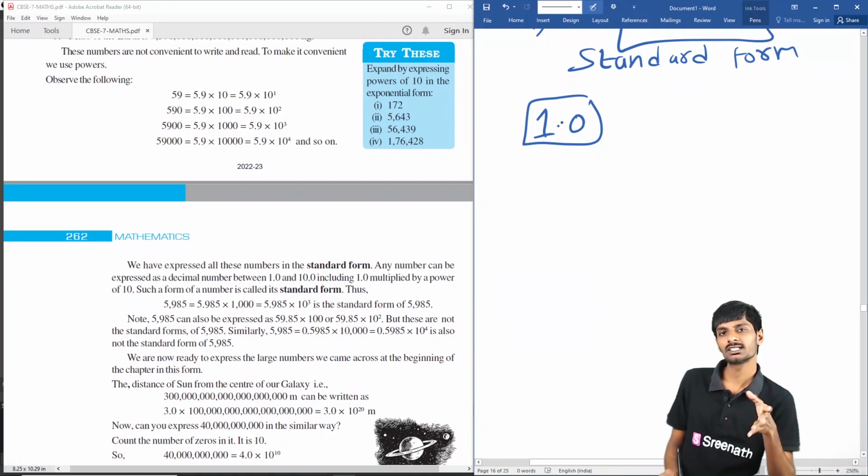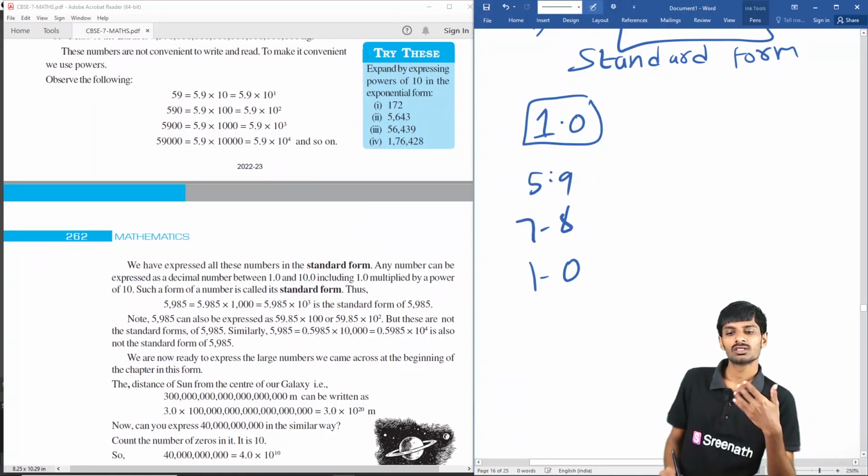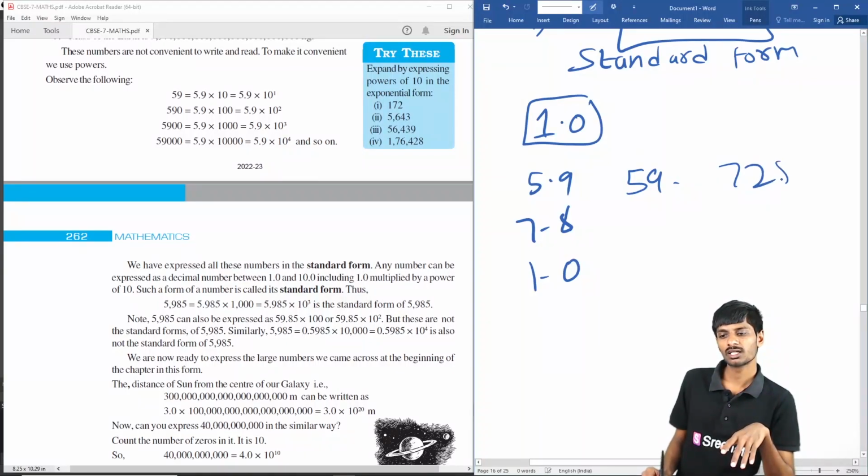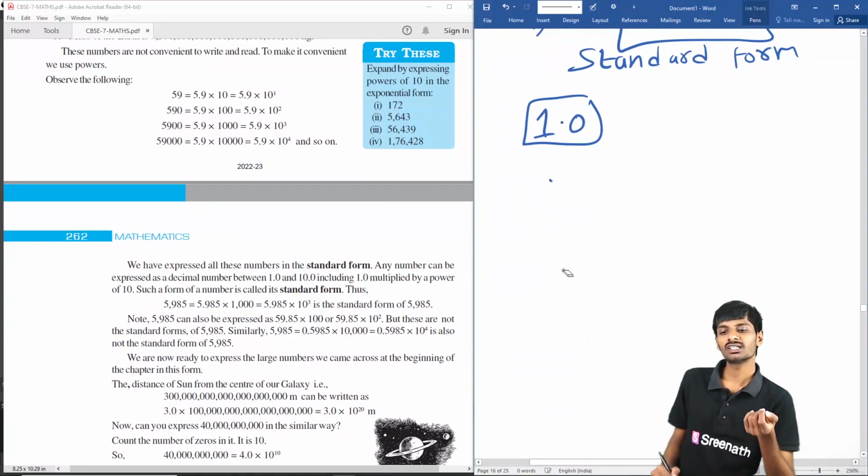After one digit, there must be a decimal, like 5.9 or 7.8 or 1.0. There is one digit, then the decimal. So not like 59.0, not 728.0, not like this. So to the left of the decimal point, there must be only one digit, and the rest of it on the right side. And the remaining terms, whatever they may be, must be in powers of 10.